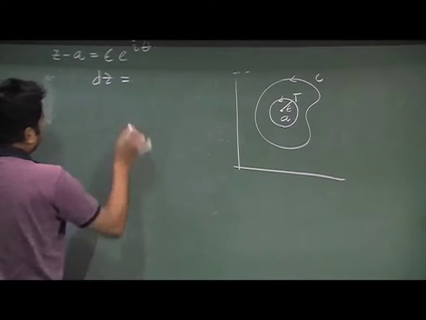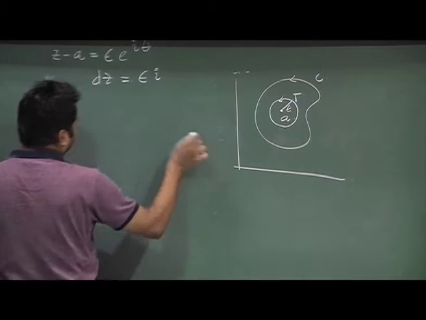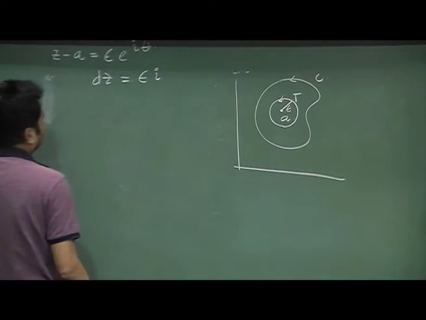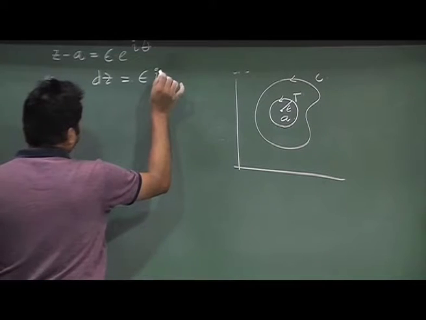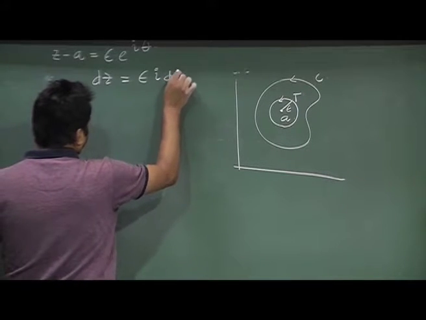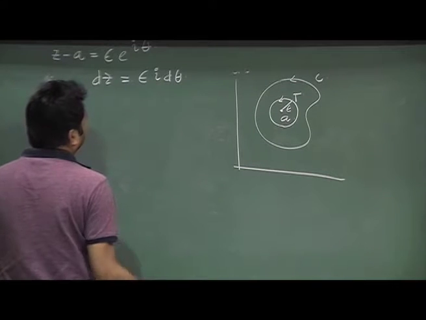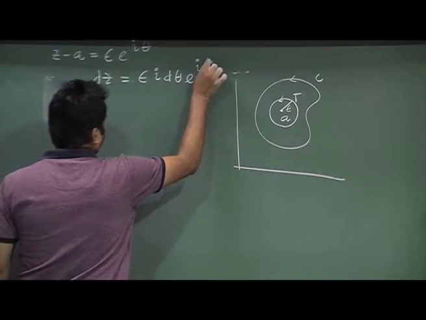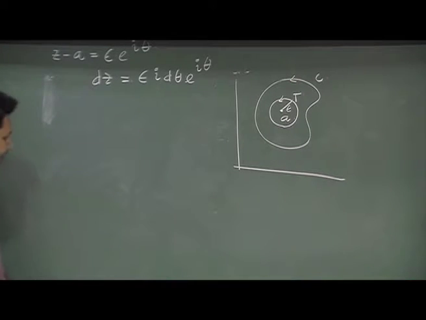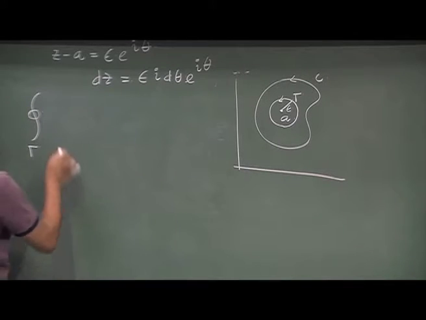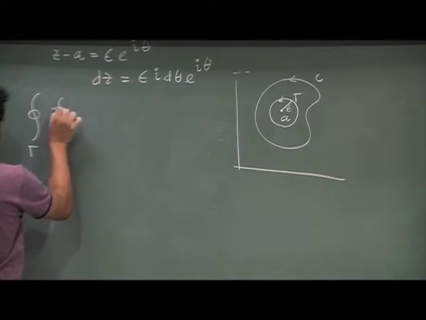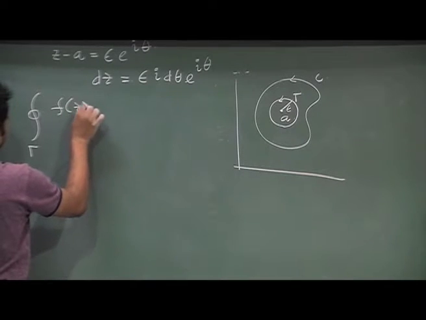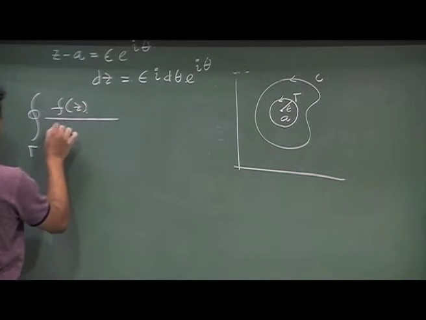Epsilon is a constant, so I do not change epsilon; dz is epsilon i d theta e to the power of i theta. Now I just try to find this integration over gamma, which is f(z) divided by z minus a.